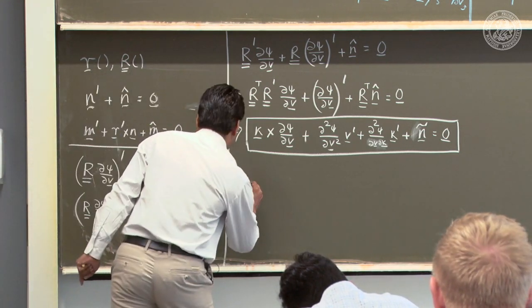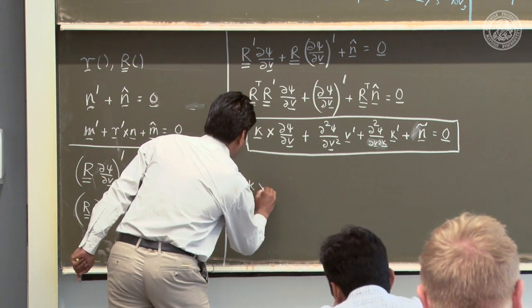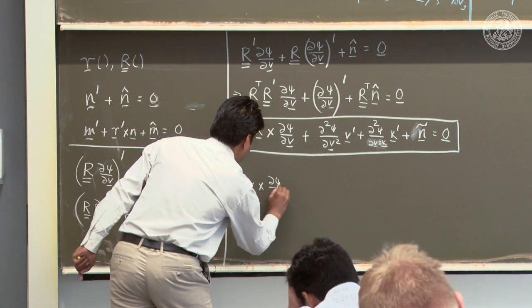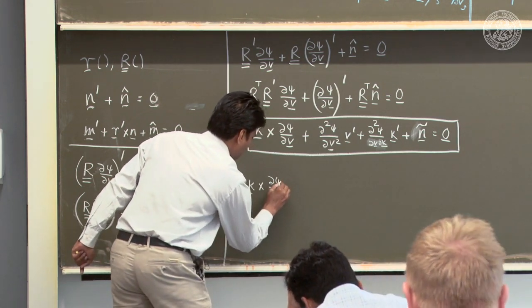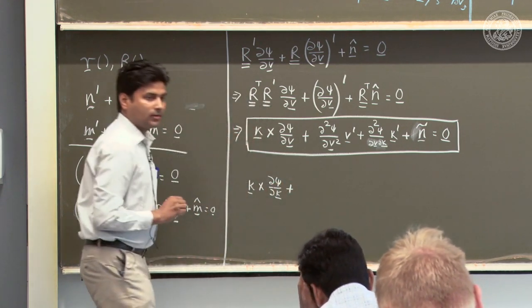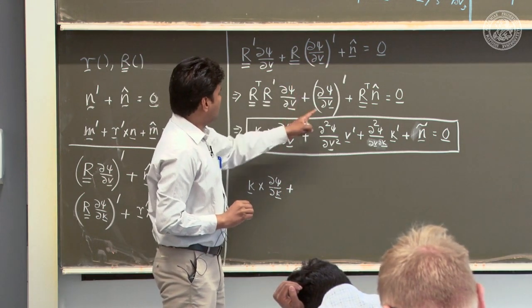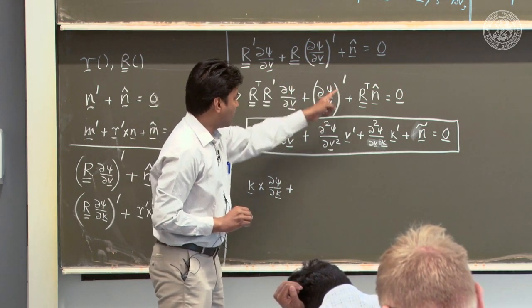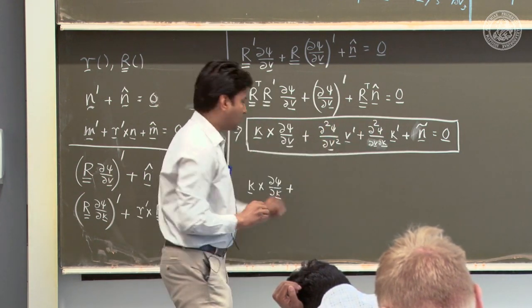And what you would get would be k cross del psi over del k plus you will have del psi over del k whole prime, which will somehow become something like this.